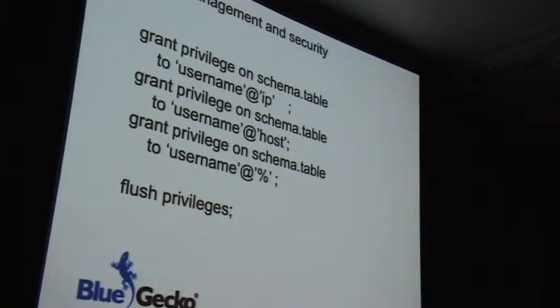And there is a hierarchical way that the internals of MySQL go through the permissions here. It is going from the most specific, being an IP address, to the least specific, being a wildcard. So working through the privileges and the actual grants, it always goes from most specific to least specific.